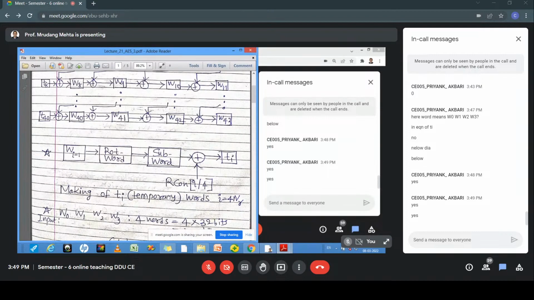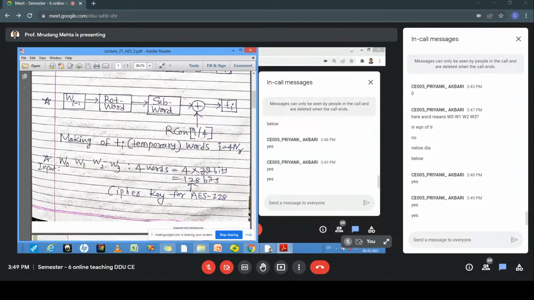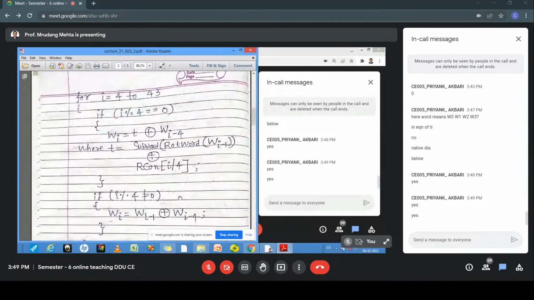Okay, so 4 words means 32 into 4, 128 bit. So this is the formula for i mod 4 equal to 0: Wi equal to T XOR W(i-4). For W4, that means T XOR W(4-4), that is W0.